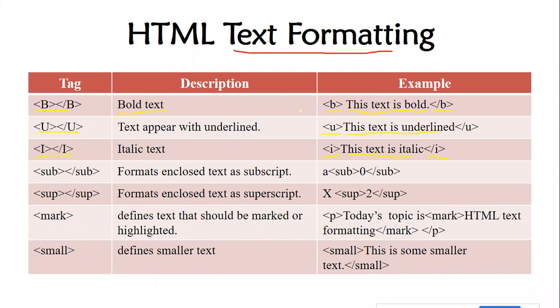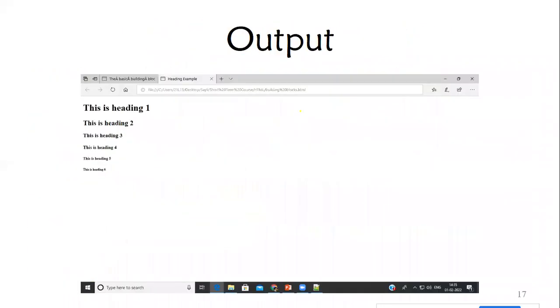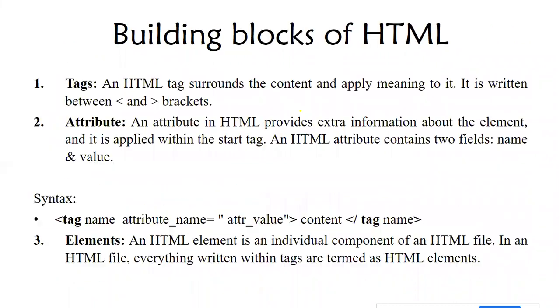Let us see today's summary, what we completed here. What are the different building blocks in HTML? Tags, attributes, and elements.